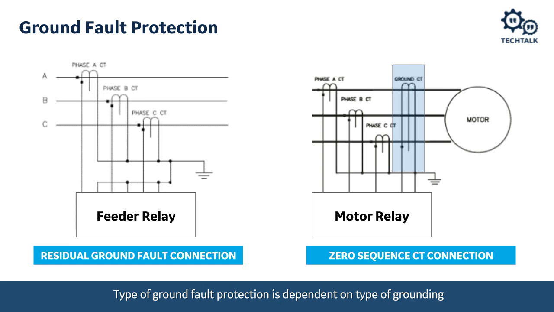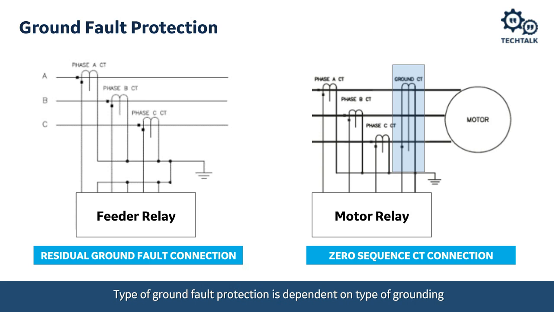Well, 10% of 3,000 amps is 300 amps. So we could have error on the CTs that was greater than our actual available ground fault current. So for that sort of system, we wouldn't want to use this residual ground connection. However, if this is a solidly grounded system and our ground fault current is 10,000 or 20,000 amps, then there's no problem in using that type of connection.